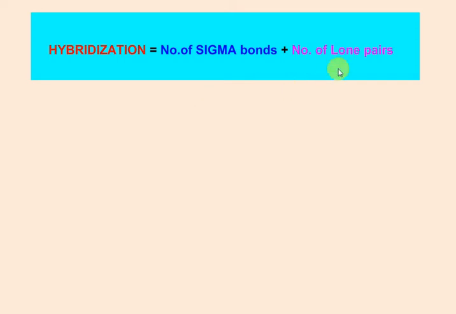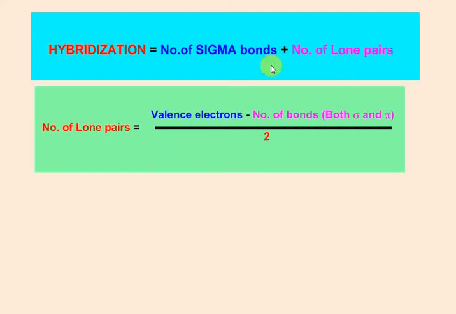And to find out the number of lone pairs, we have to use this formula: number of lone pairs is equal to valence electrons minus number of bonds, divided by 2. Here we have to consider both sigma and pi bonds. But in case of hybridization, you have to consider only sigma bonds, and sigma bonds can be easily predicted by looking at the molecular formula.